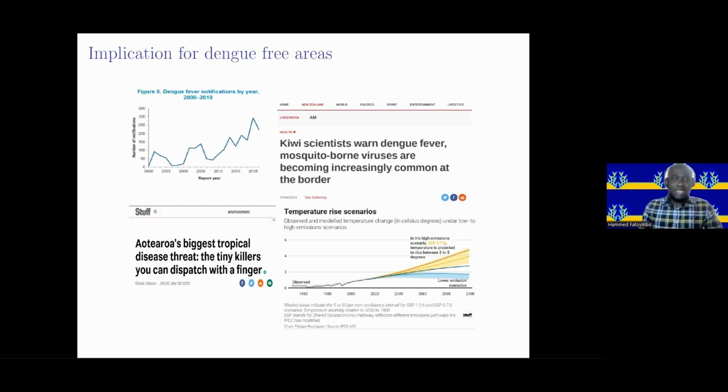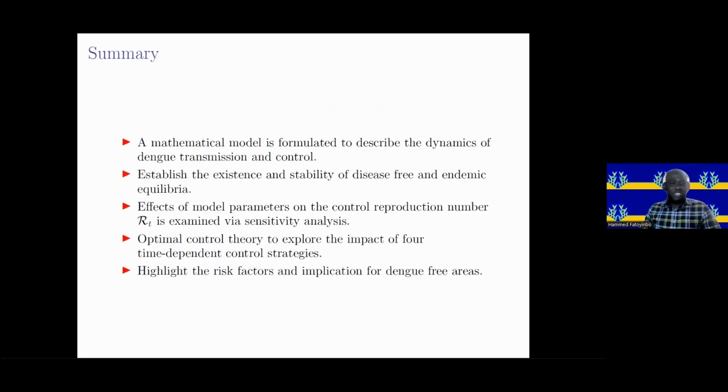In summary, in this presentation, I've described the dynamics of dengue transmission using a mathematical model, and also established the existence of disease-free and endemic equilibrium, and showed through bifurcation analysis that there is forward bifurcation, meaning that dengue transmission can be controlled in the population, irrespective of what is being observed in the model.